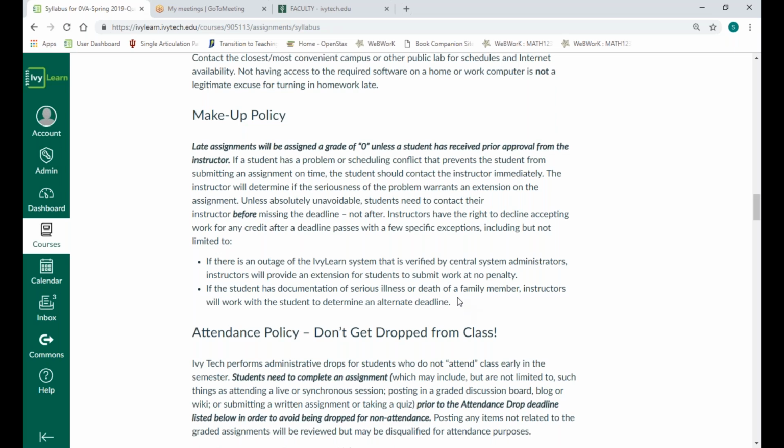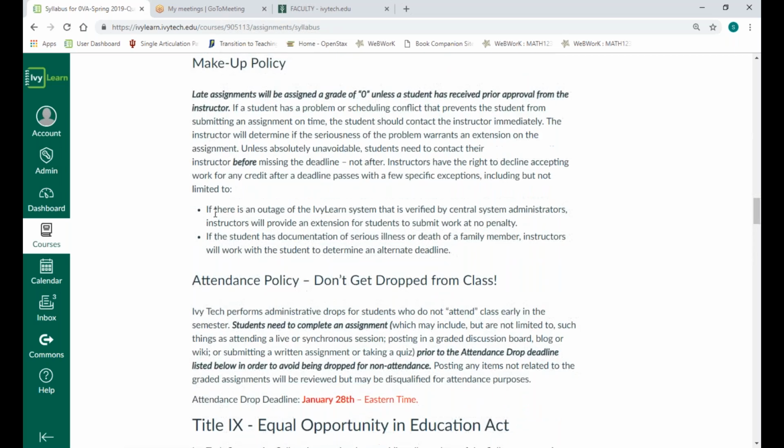And I do know that occasionally things do happen, but if for some reason you get sick at the last minute, you'll have to send me some sort of official documentation with the date and all that on there, okay? If there is an outage with Ivy Learn, we get notification if something's wrong with Ivy Learn or with WebWorks, the homework assignments there on WebWorks.